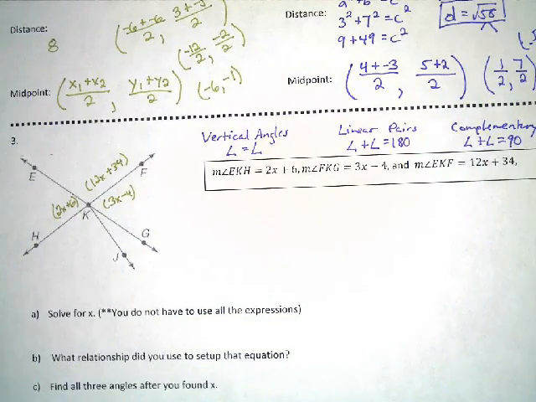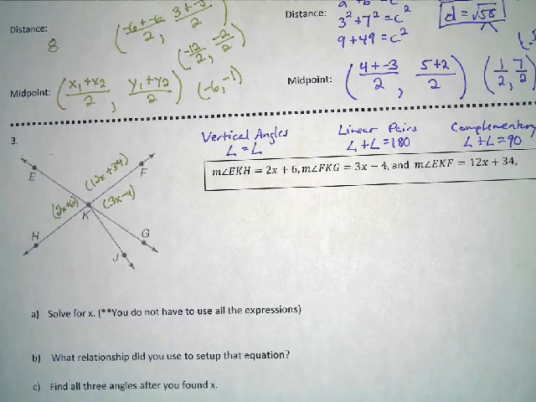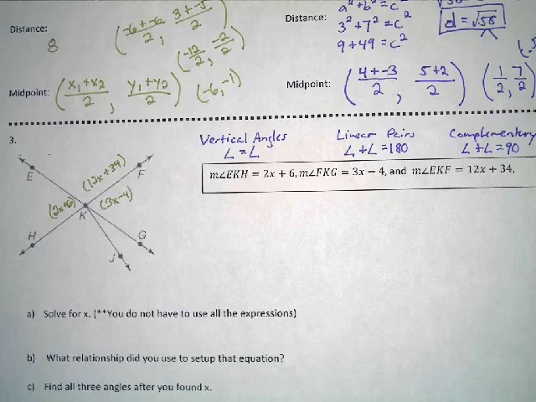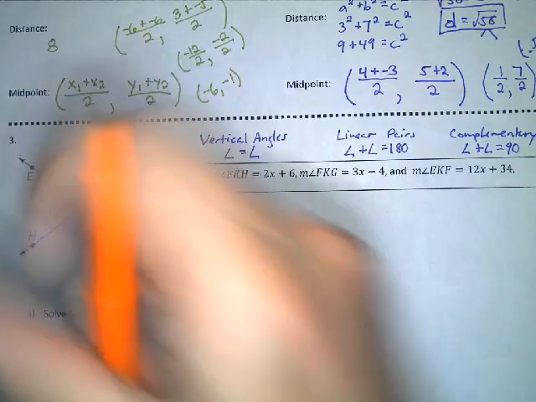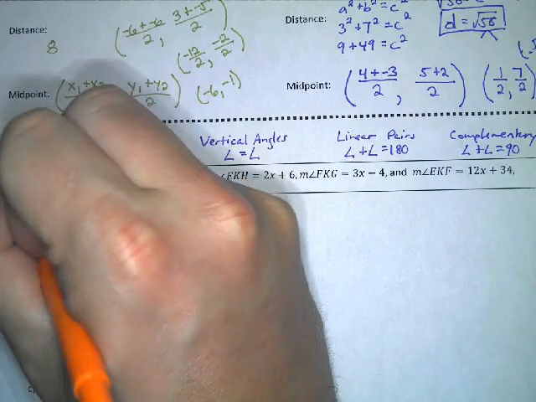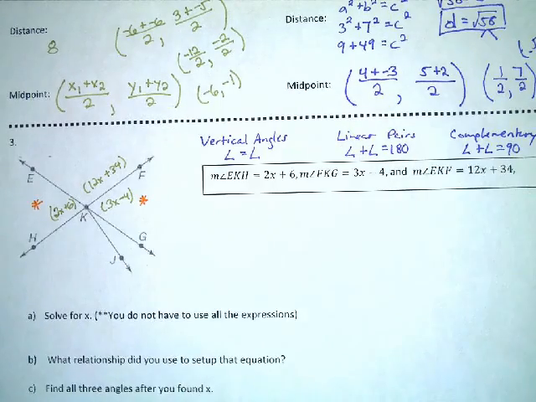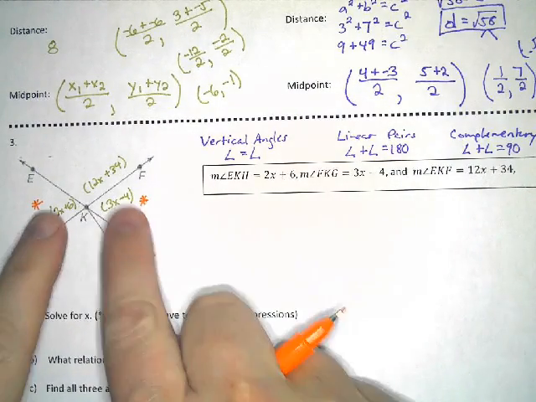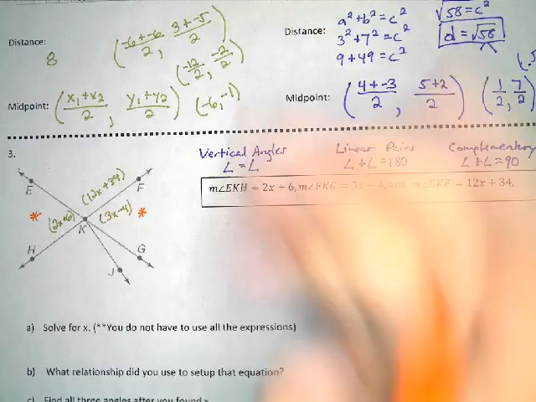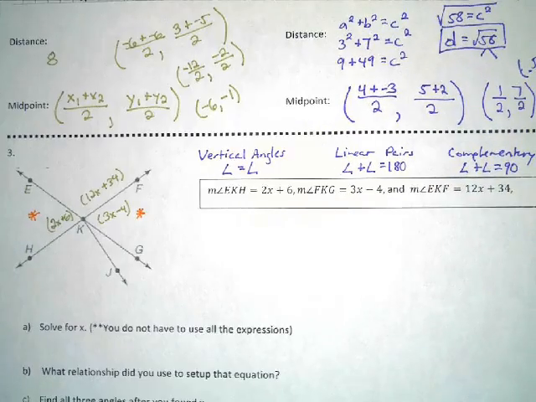We do not necessarily have to use all three expressions. It's not necessary. We only have to use two of them. So we could solve this in two ways. Notice that these two angles right here are what we call vertical angles. They are across from each other and they make that bow tie.